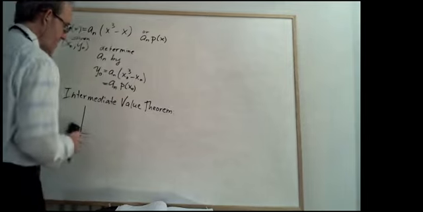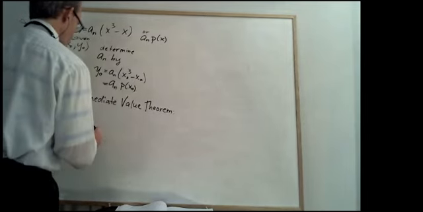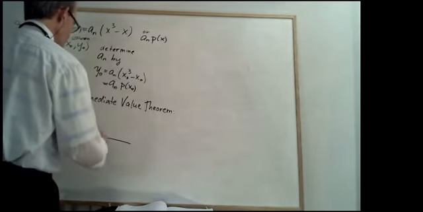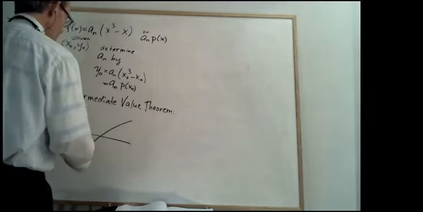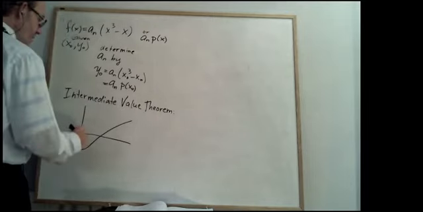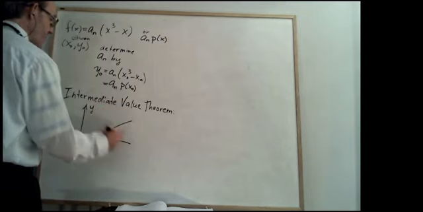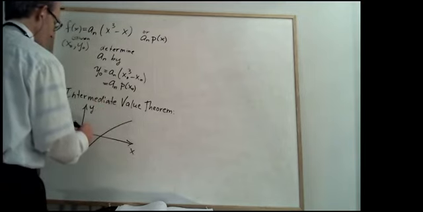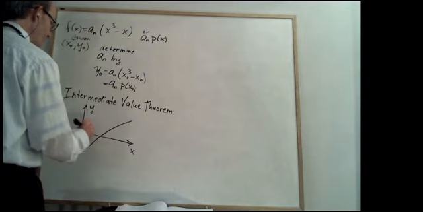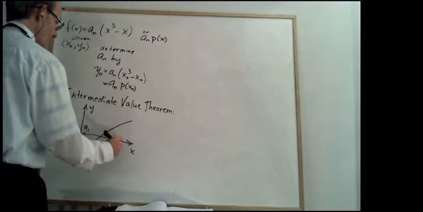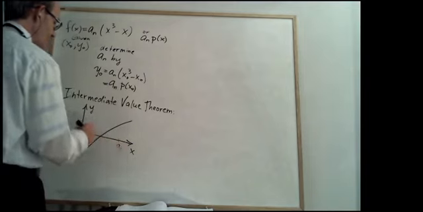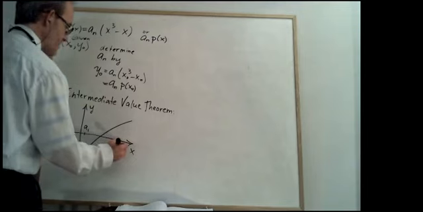So with such a function, let's look at a region where the function passes from negative values of y to positive values of y. Okay, so you have an a1 here and an a2 here. So x is equal to a1.